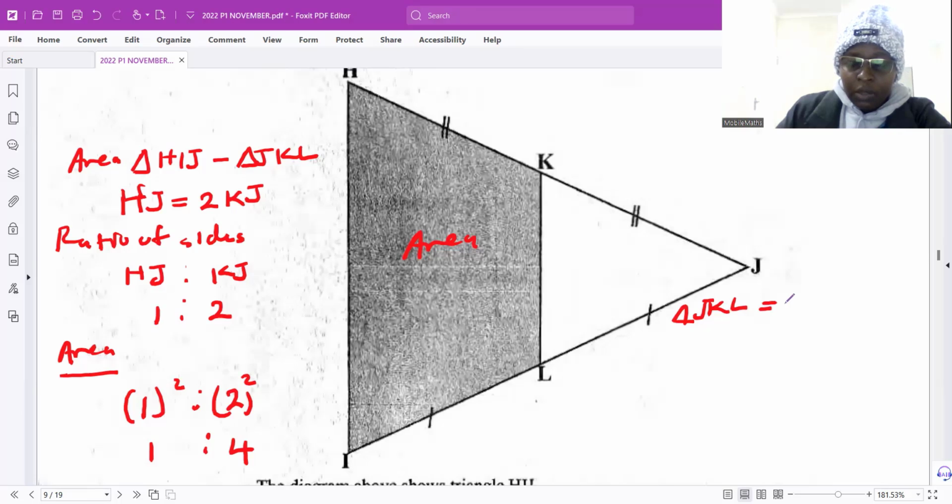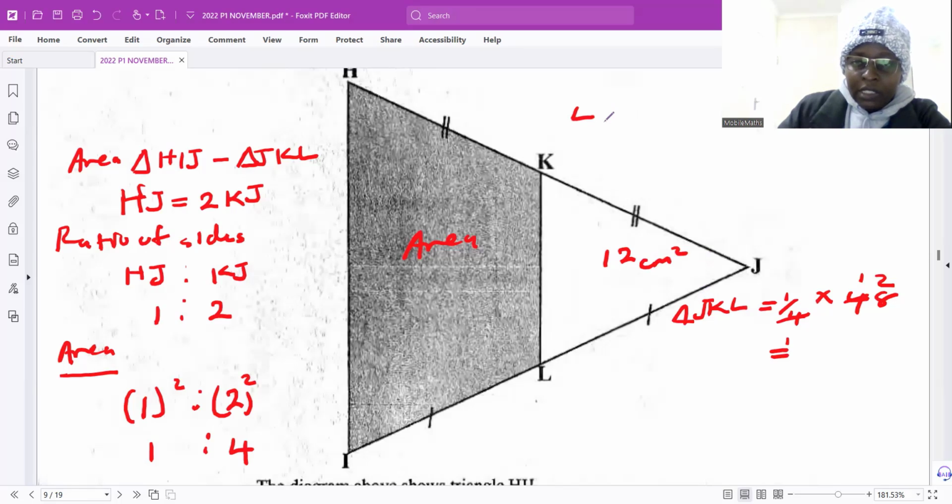The area is going to be equal to 1/4 of the bigger triangle. So we multiply by 48 square centimeters. 4 into this one, 1, 4 into this one, 12. So the area of the small triangle is equal to 12 centimeters square, okay? Yet the bigger one is 48 centimeters square.